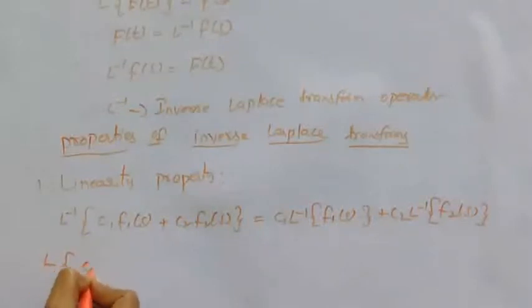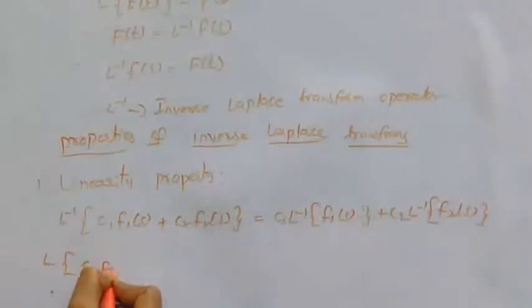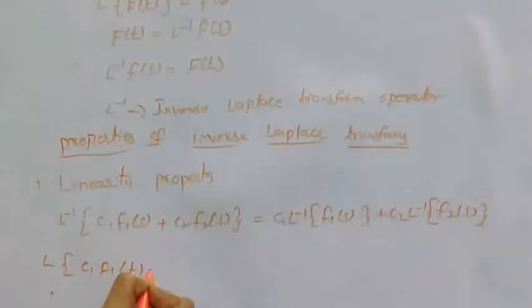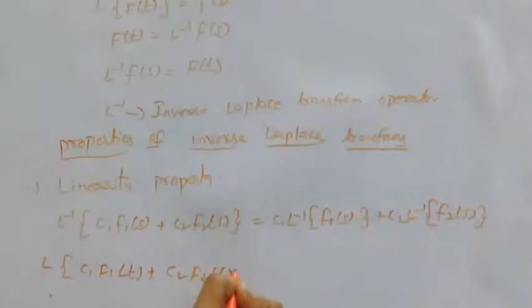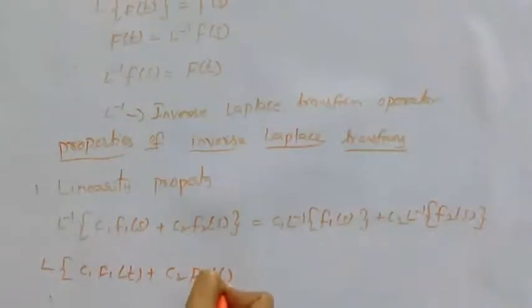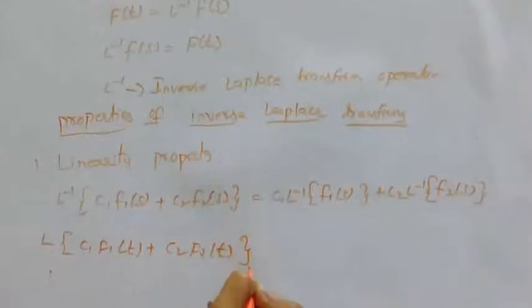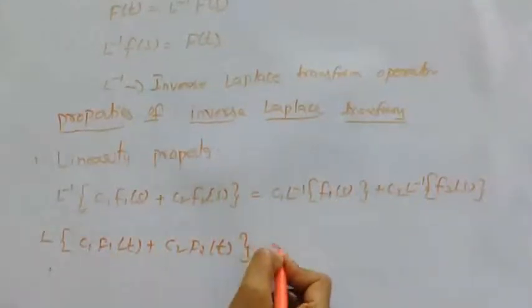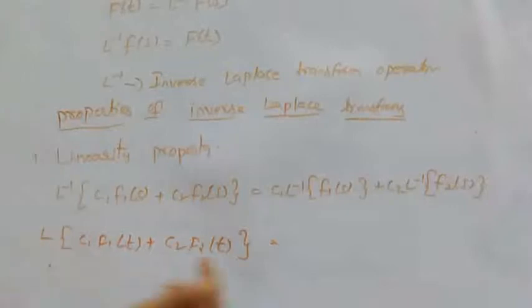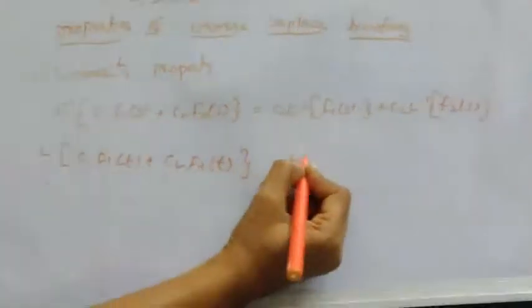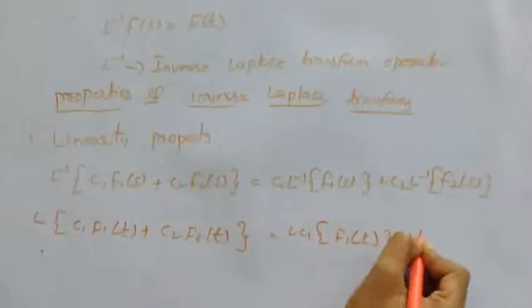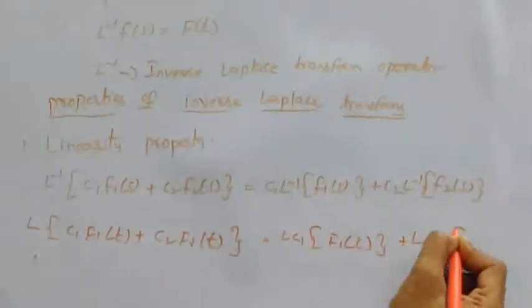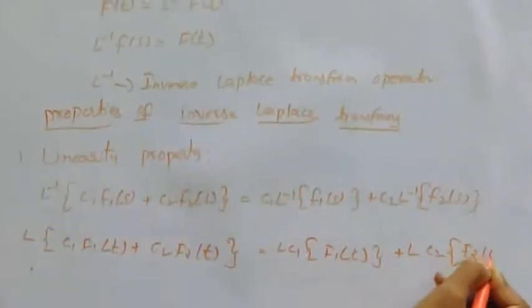L of C1 f1 of t plus C2 f2 of t is equal to, bringing C1 and C2 outside, C1 L of f1 of t plus C2 L of f2 of t.